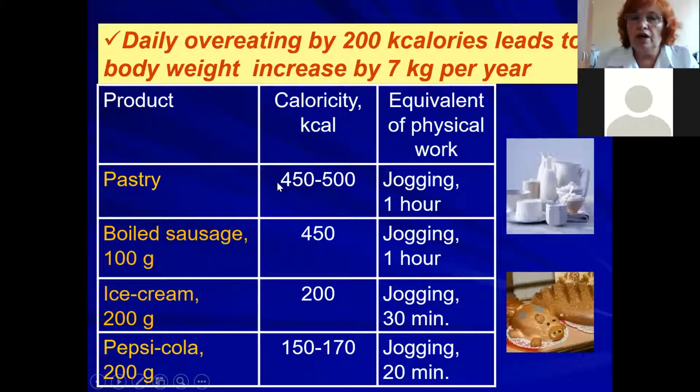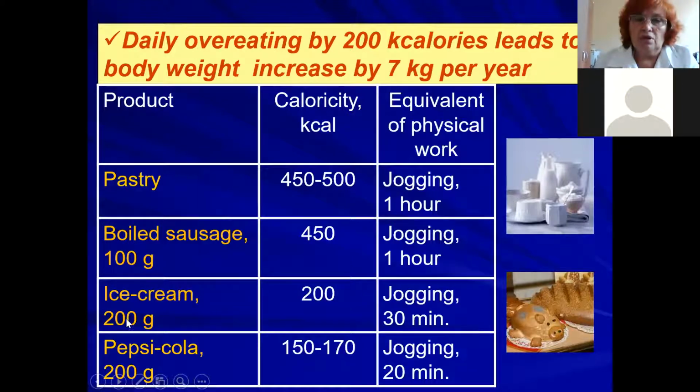Pastry, 450 to 500 kilocalories. If we eat this one, we must go jogging for 1 hour. This is the equivalent of physical work. Boiled sausage, 100 grams, has caloricity 450 kilocalories. We must jog for 1 hour.